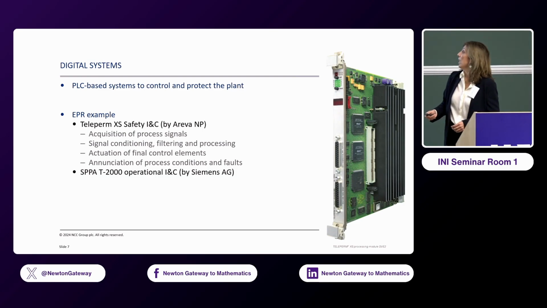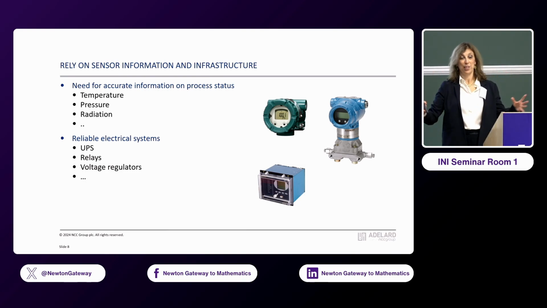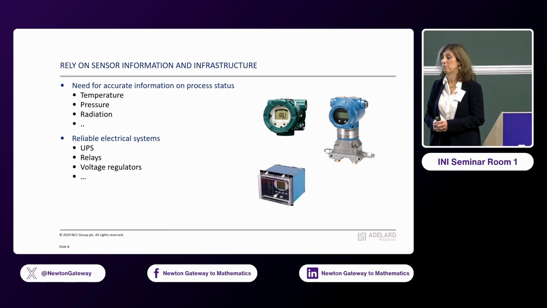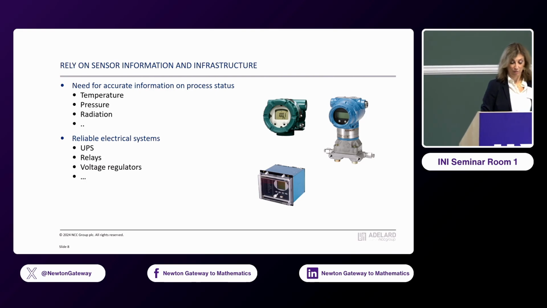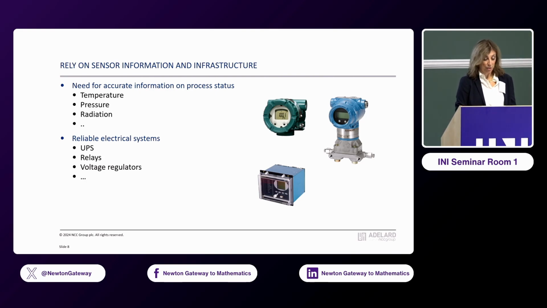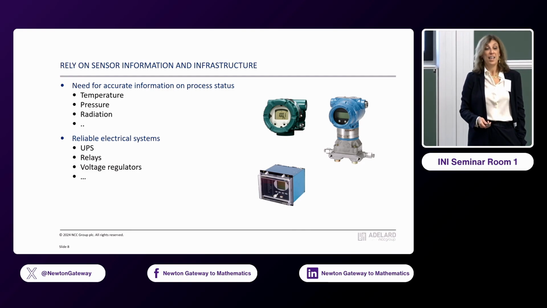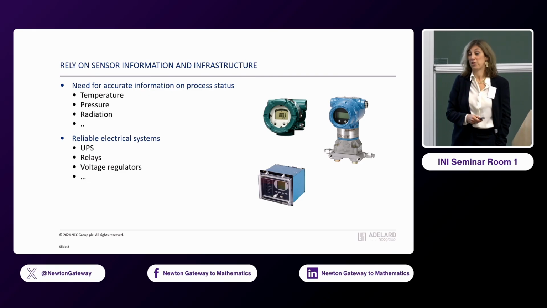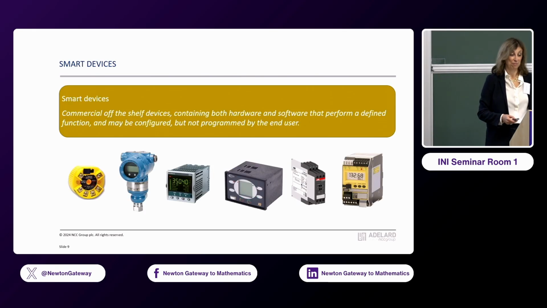So more digital systems is that all of that relies on information. So about temperature, about pressure, about radiation, and also reliable electrical systems, so UPSs, relays, voltage regulators, etc. And lots of them are digital, so lots of them have software inside.